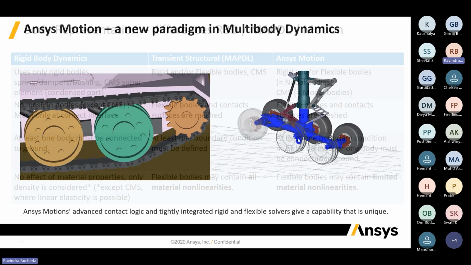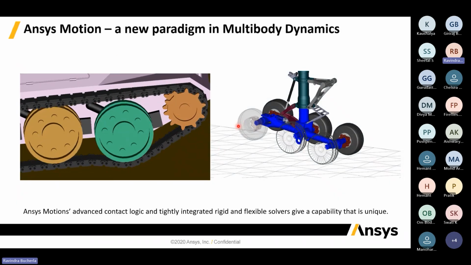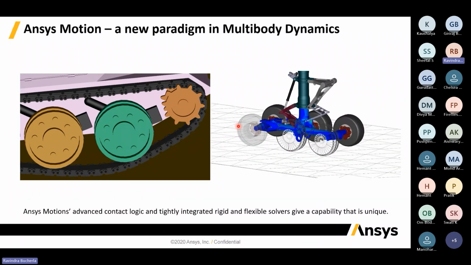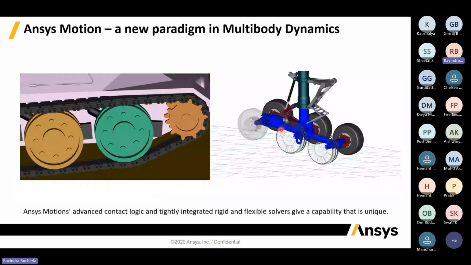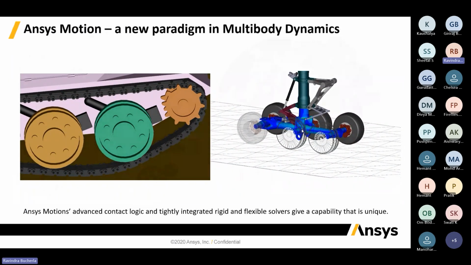So I'll give you three to four more slides about the motion analysis to understand better what kind of simulations we usually perform here. The motion analysis helps us predict the kinematic behavior, along with the strength analysis of the components in the assembly.